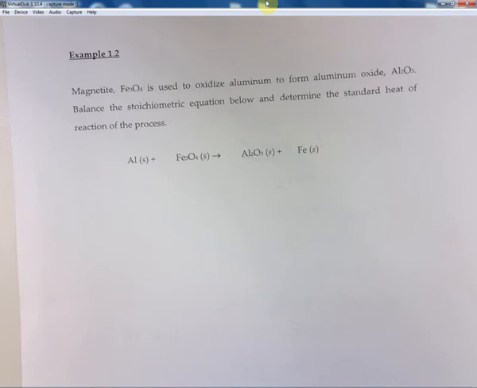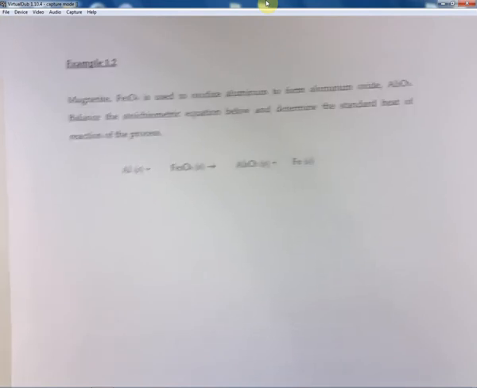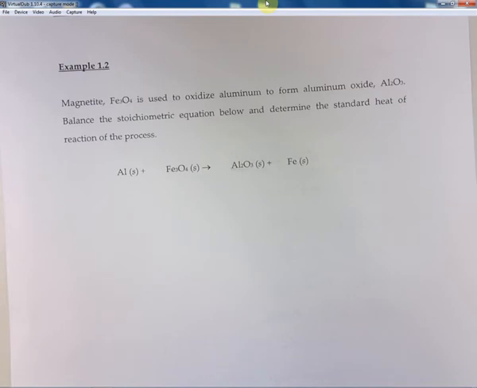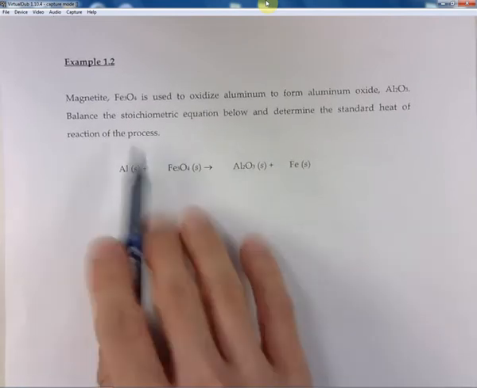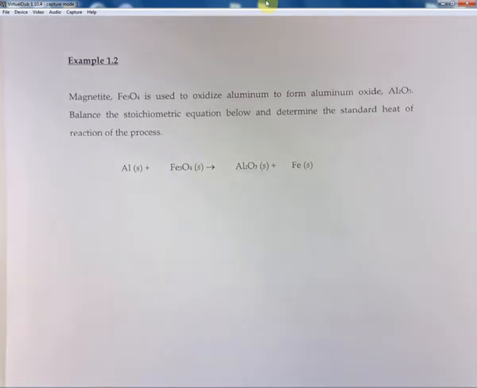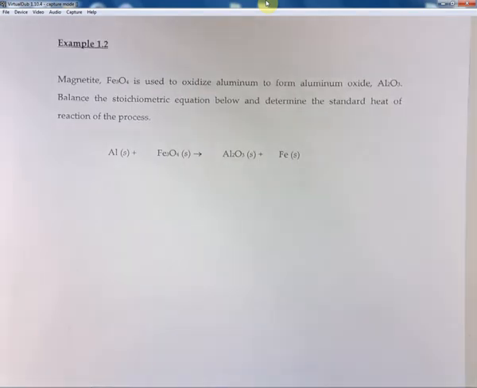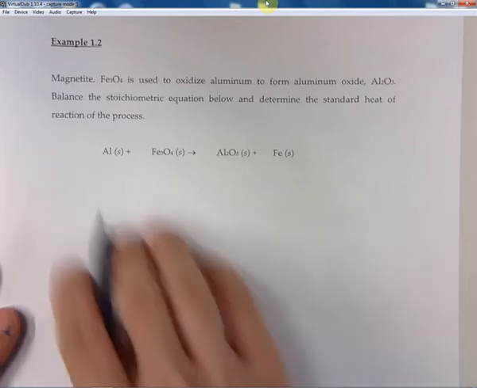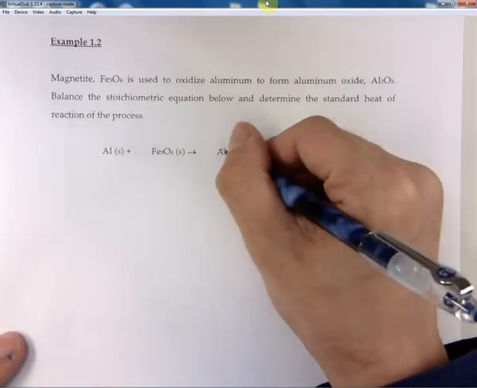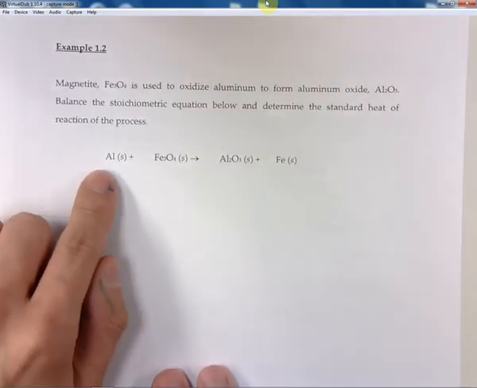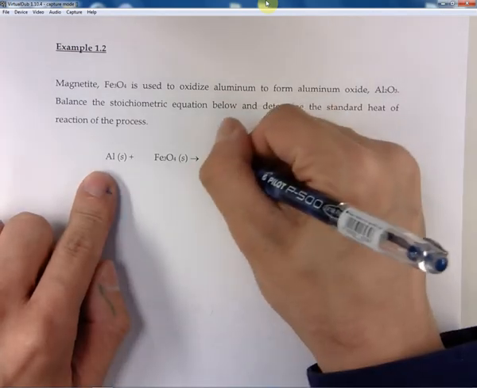Okay, so let's look at the next question example from this chapter. So magnetite is used to oxidize aluminum to form aluminum oxide. So balance the equation below and determine the standard heat of reaction during this process. So let's begin by balancing the equation over here. So this 1 Al is over here, so we can put half over here.